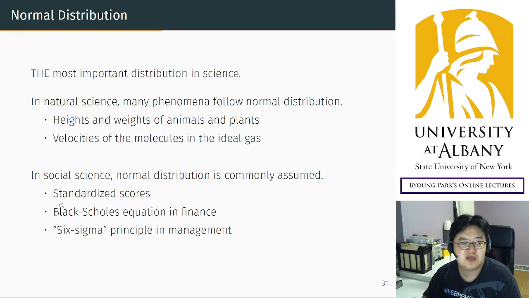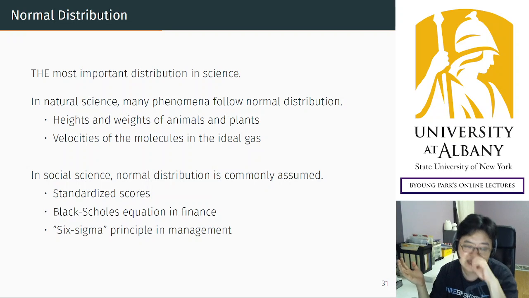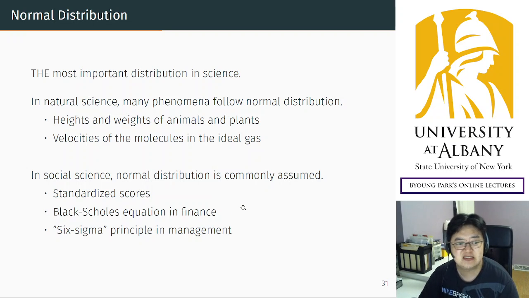For example, when you have a test score, we usually standardize the test scores and assume that the distribution is normal, which is the usual t-score, or t-standardized scores, commonly used when you measure IQ. IQ is based on the normal distribution. And the Black-Scholes equation in finance. If you are seriously interested in finance, you may have heard about this equation.